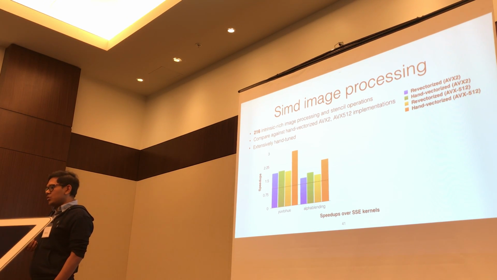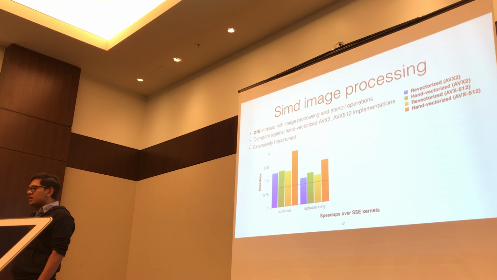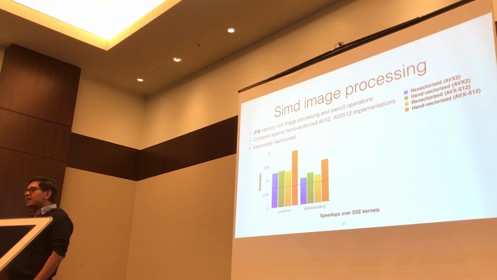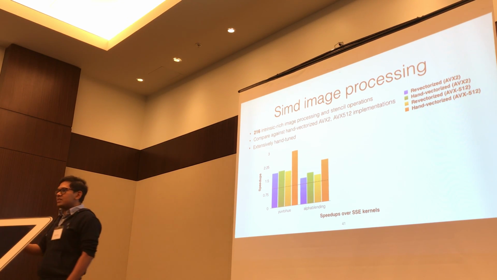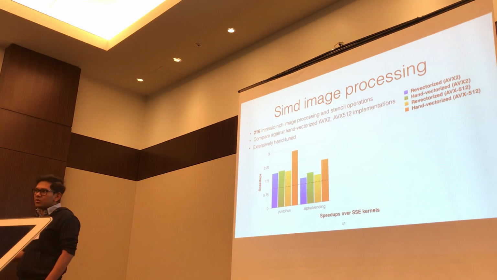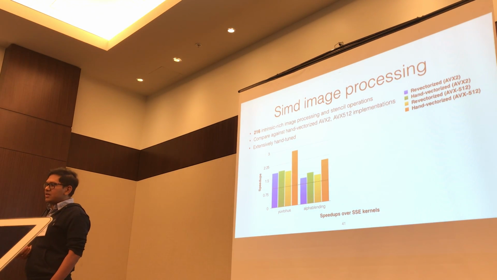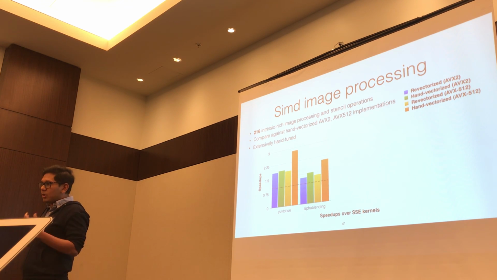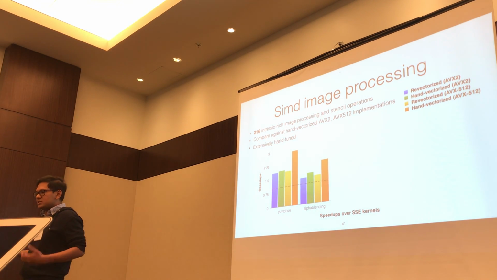First I show the speedups revectorization can get for two kernels. Here, as you can see, Revec gets a speedup, but experts hand vectorizing the code get a higher speedup. This is because we are not revectorizing horizontal operations.